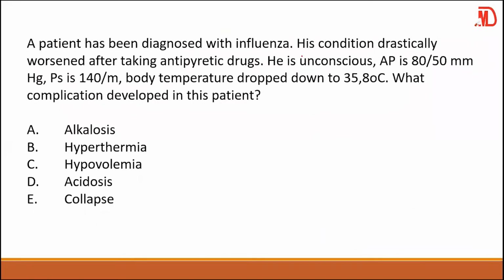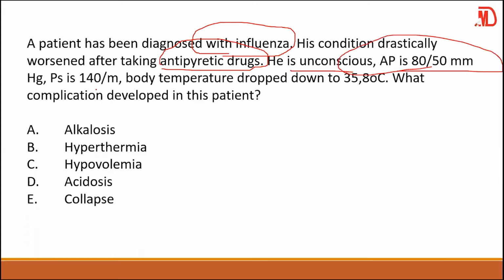A patient has been diagnosed with influenza. His condition drastically worsened after taking an antipyretic, that is, of course, against fever. He is unconscious. AP is 80/50. His pulse is 140 per minute. Body temperature has dropped to 35.8.